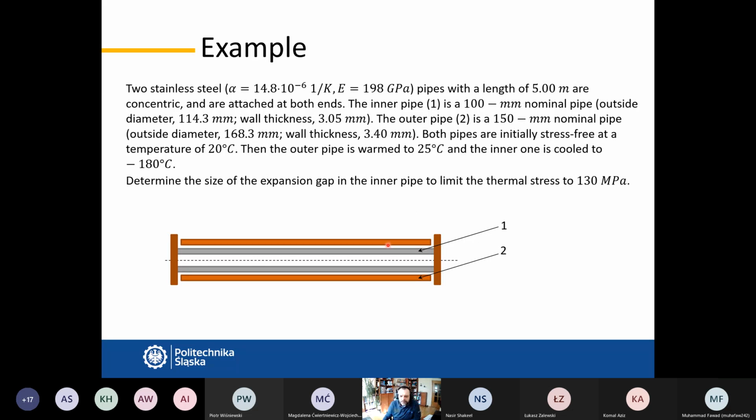And we have the outer pipe, which is number 2 here. And this is a 150 millimeter nominal pipe, so we have the appropriate exact dimensions of the pipe. And both pipes are initially stress-free at a temperature of 20 degrees Celsius.